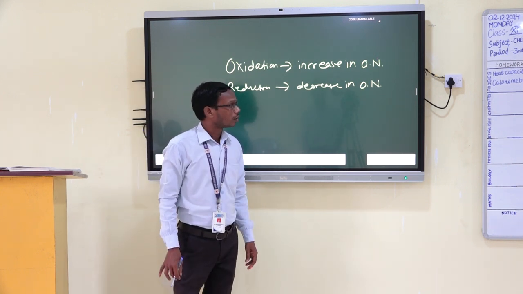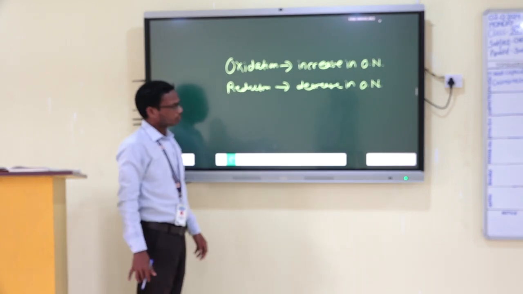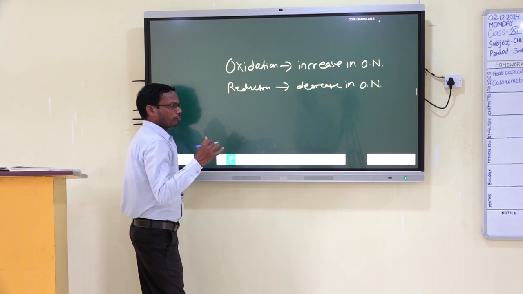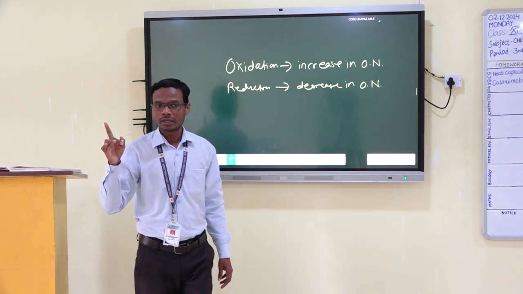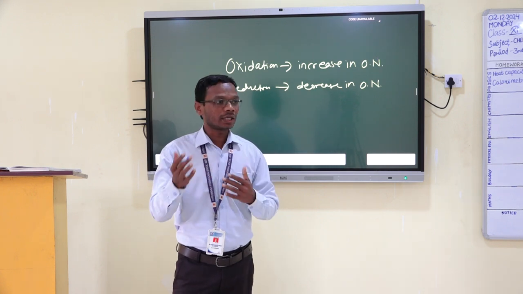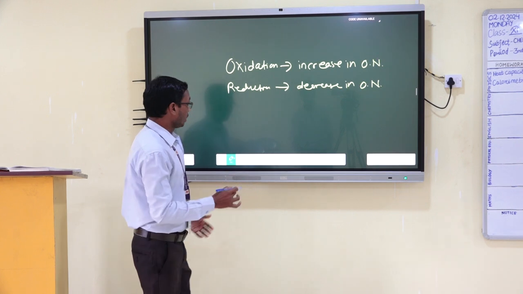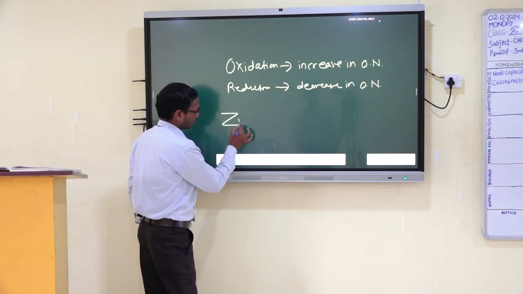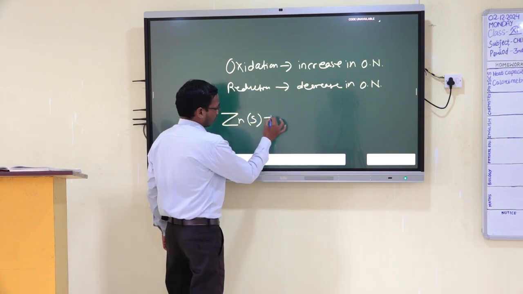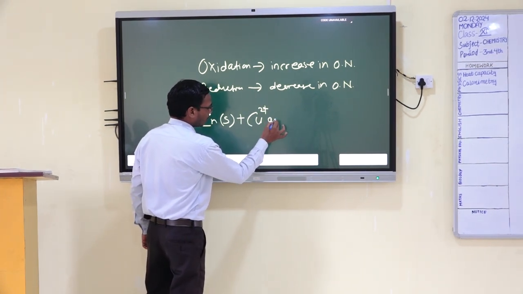Now consider one example. Between zinc and copper, which metal is more reactive? Obviously zinc is more reactive. We react zinc, which is in solid state, with Cu2+, which is in aqueous solution.